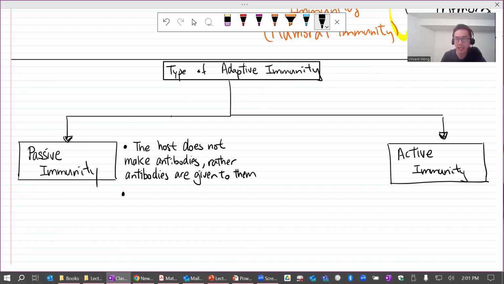Because you did not make the antibodies, what kind of cells are you not making? B cells. Specifically, what kind of cells? Plasma cells. And I guess the thing I'm looking for is memory cells. So no memory cells are made.